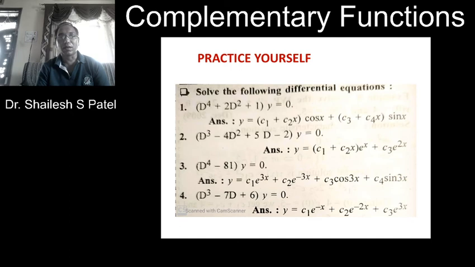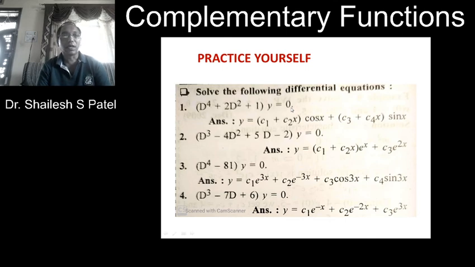But in the second lecture we will see when the right hand side is not equal to 0, that means it will be given as some function of x. Then we will need to solve it in two parts, first the complementary function and the second part as a particular integral. So there we will write yc instead of y, considering the right hand side equal to 0.